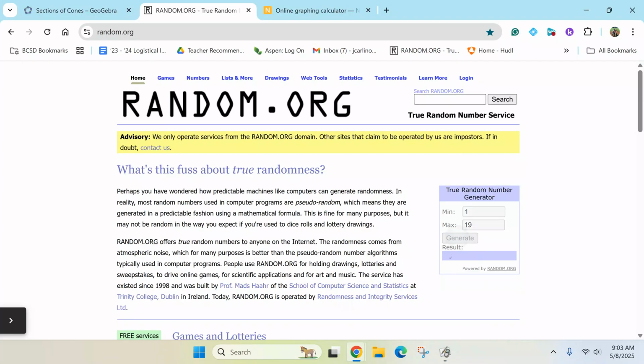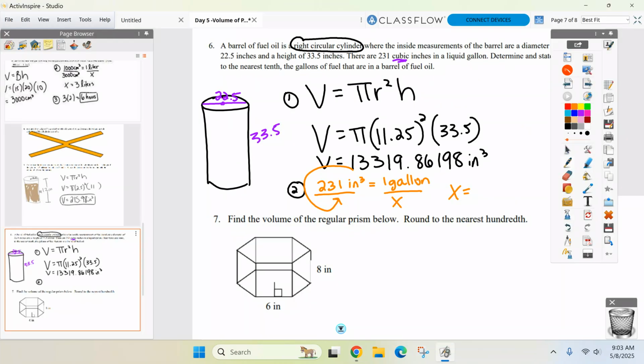When you think you have it, let me know. Alex, when you think you have it, how many gallons?